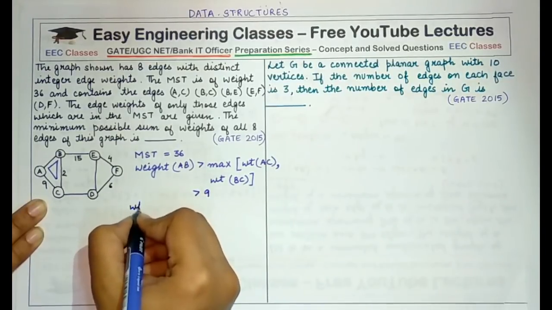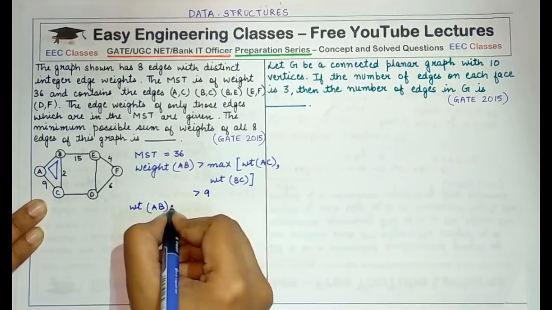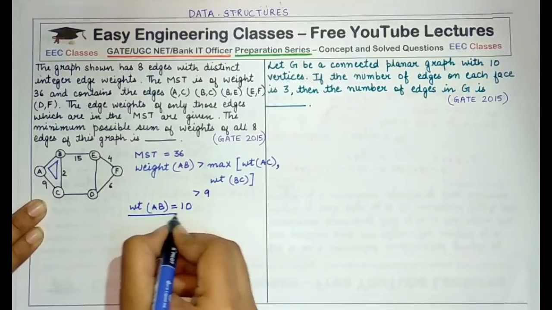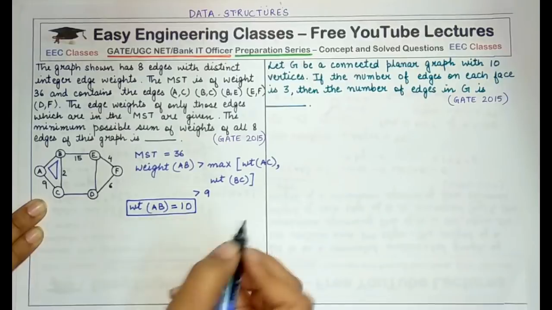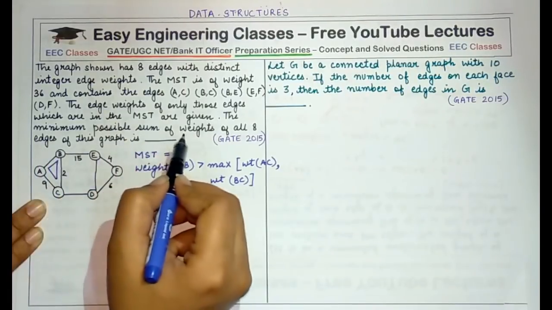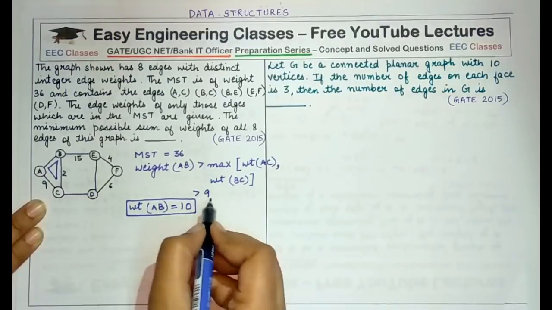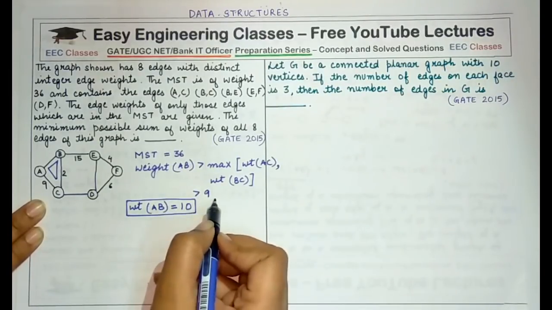Therefore, we can say the weight of AB must have been greater than 9, or we can simply assume it to be 10. And why have we assumed it to be 10 and no other value? Because we have to find the minimum possible sum of weights of all these edges, so the minimum weight that is greater than 9 would be 10.